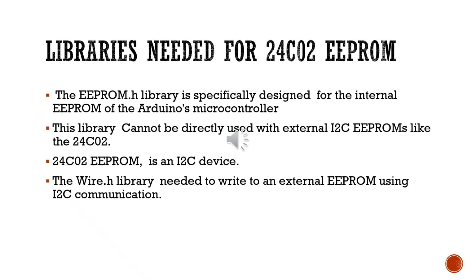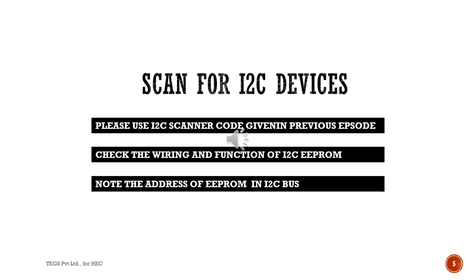24C02 EEPROM is an I2C device. The Wire.h library is needed to write to an external EEPROM using I2C communication. After wiring the 24C02 EEPROM with Uno, use the scan code given in the previous episode and scan for the I2C devices.